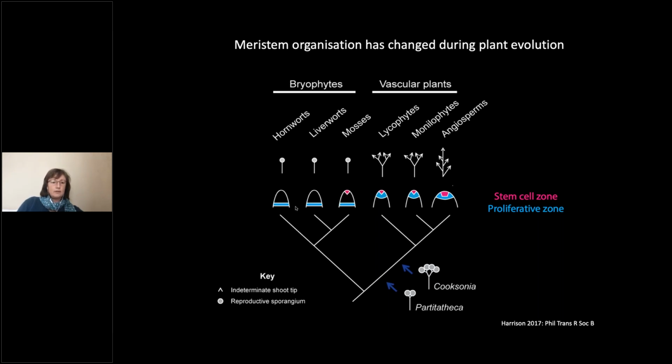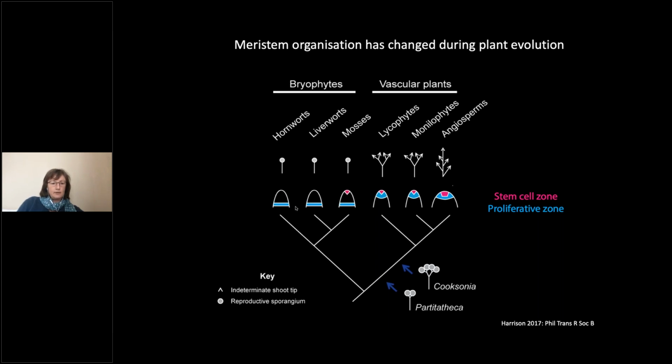So if you have a look at the sporophytes of the liverworts and hornworts, they have a similar overall shape, but these are lengthened by general proliferation or proliferation in what's called an intercalary region, which is marked in blue on this diagram.